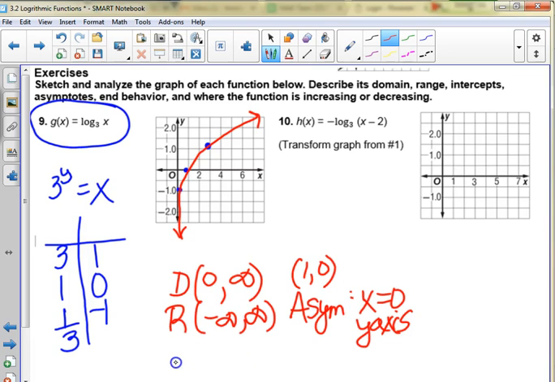Increasing or decreasing? It's increasing. End behavior is not on the quiz, but what is it doing? As x approaches 0, y approaches negative infinity. x doesn't ever go beyond 0. And then as x approaches infinity on the right, y is approaching infinity. Yeah, that's supposed to say negative infinity right there.